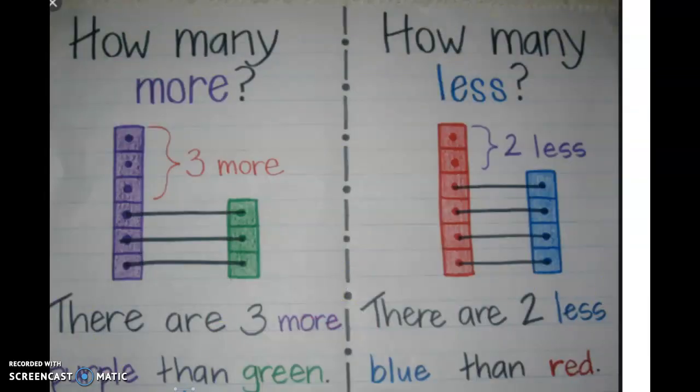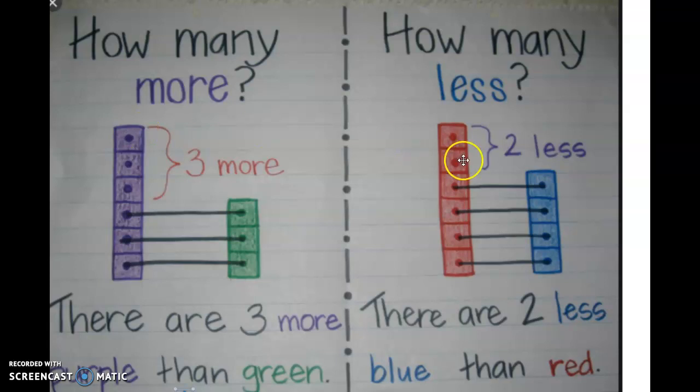All right, looking here, we see that I have how many more? Well, let's look at the purple and the green. They each have a partner until the green has no more, and there's 1, 2, 3 more purple left over. So we could say the purple has 3 more than the green.